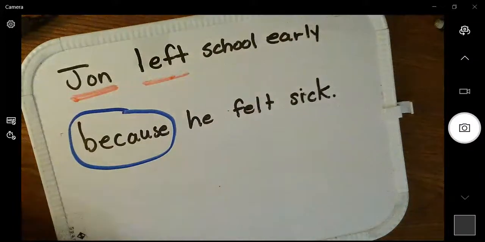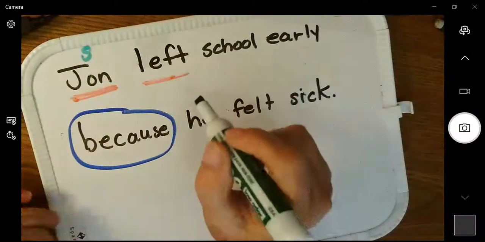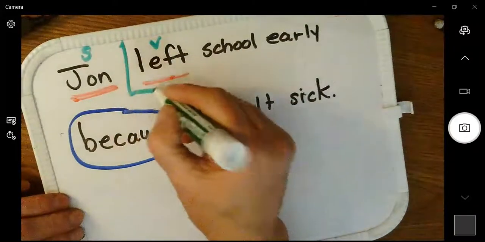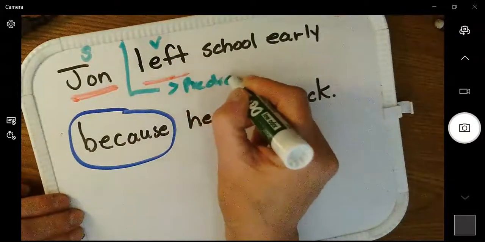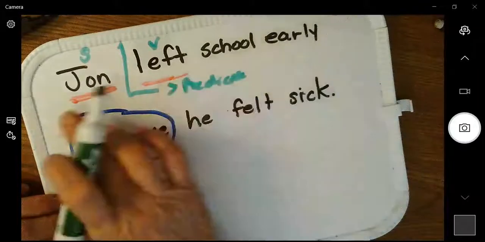So the noun John is the subject. Left tells what he did, so that's the verb, and everything over here forms the predicate. Now this is a complete sentence. This is an independent clause.